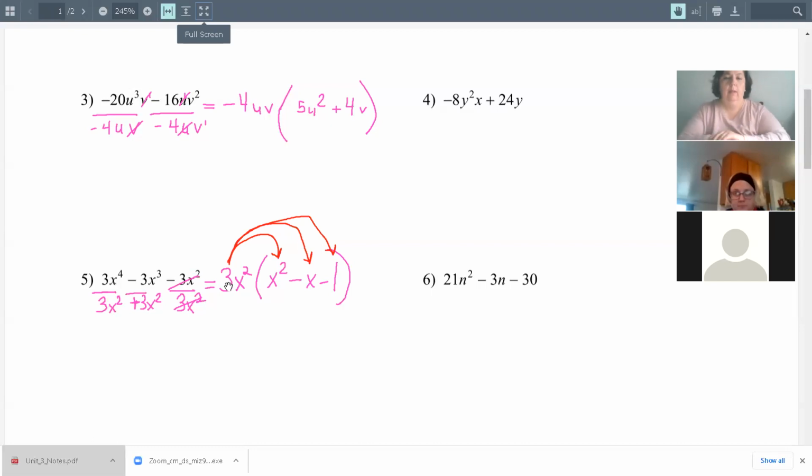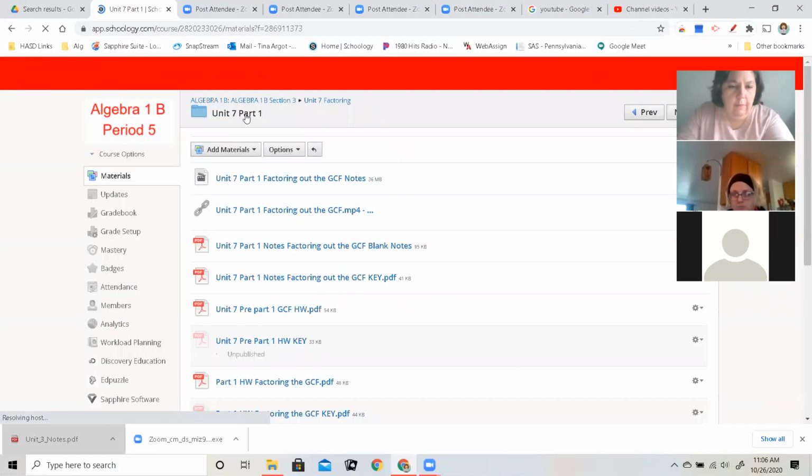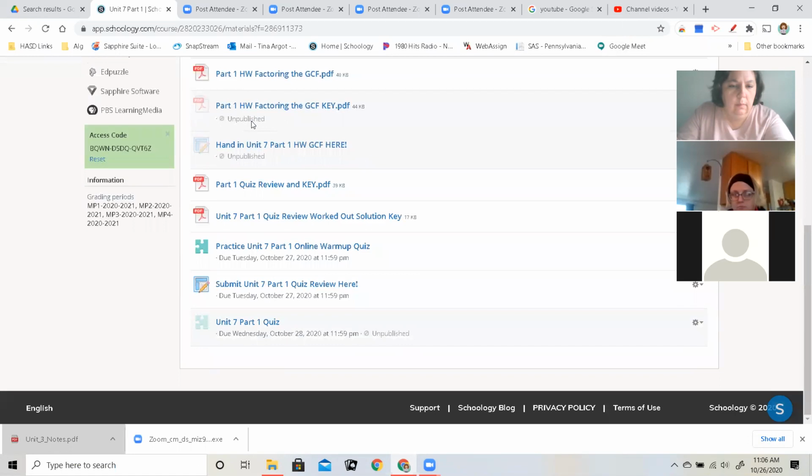So at this point, go ahead and hit the button above your 6 to split your screen so you can shrink Zoom. Open up Schoology to the quiz warm-up in Unit 7.